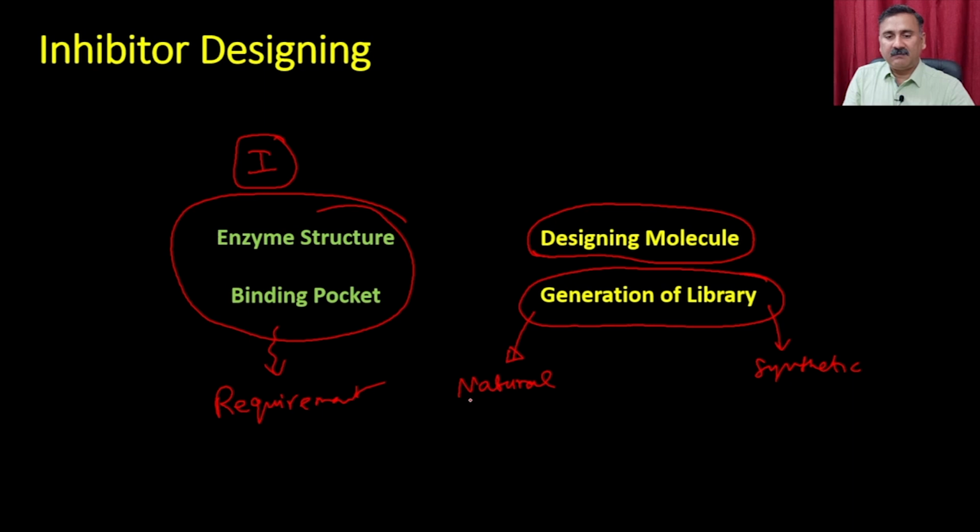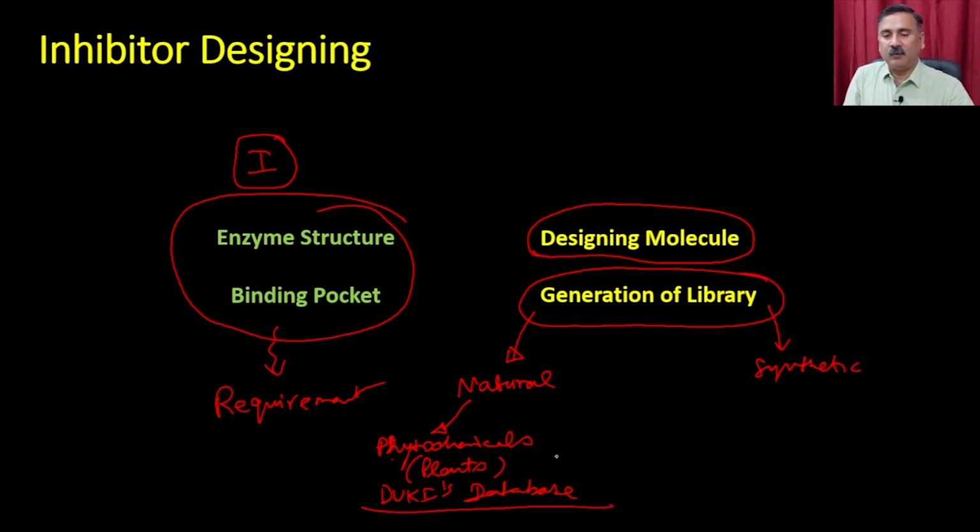Natural library, there are different sources of natural library. For example, you can have the different types of phytochemicals. What you can actually do is take the phytochemicals from the different types of plants and use that. So you can use the Duke's database, and that is going to tell you what different phytochemicals are present.